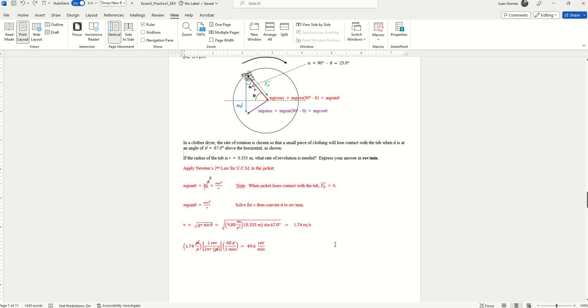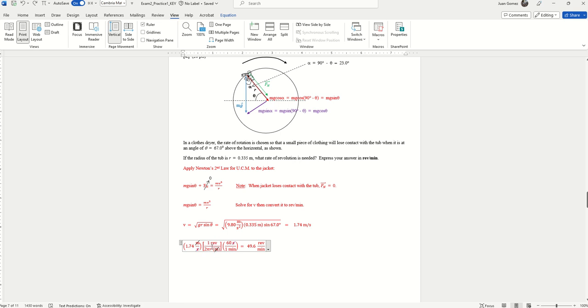Then you just want to convert that to revolutions per minute. Well, 1.74 meters per second. And we know for the dryer, one revolution represents a complete circle of length 2 pi r, which is going to be in meters. So it makes one rev for a distance of 2 pi r. That's what that means here.